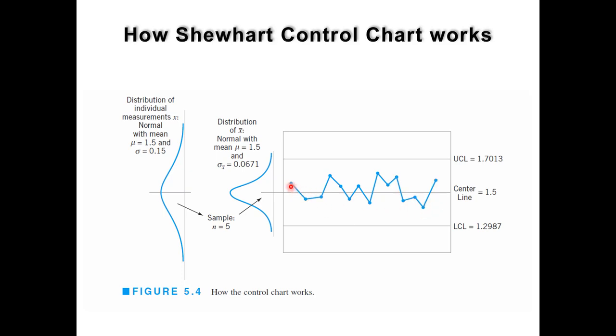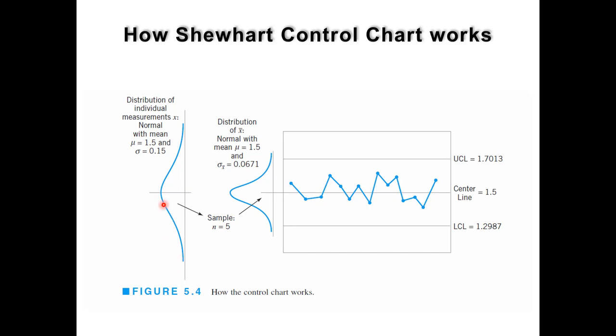In actual fact, this is the application of the sampling distribution. Originally, if you were to apply only individual data, without selecting a group of sample observations at each point in time, you would be looking at the distribution of individual measurements.